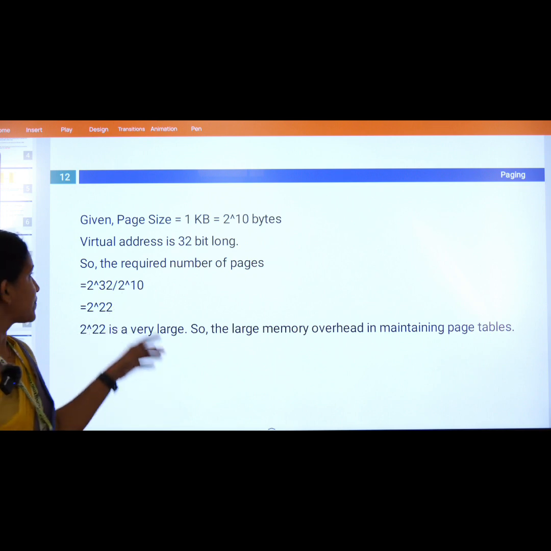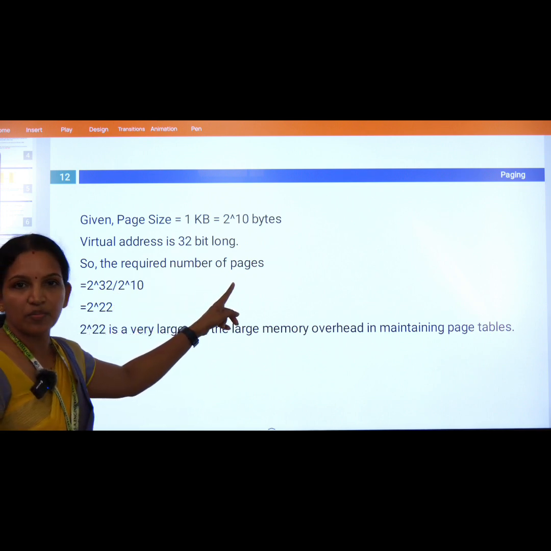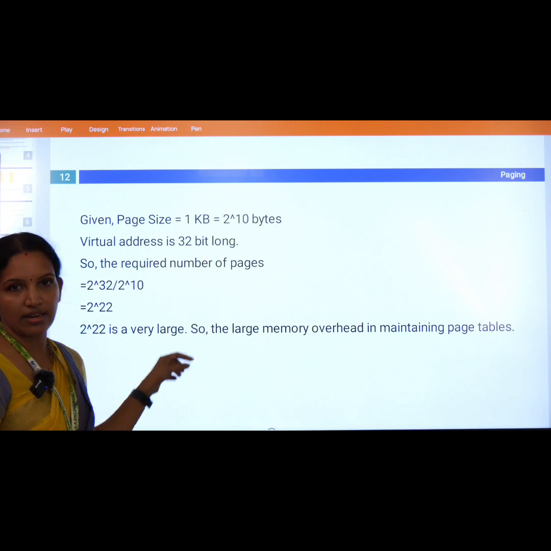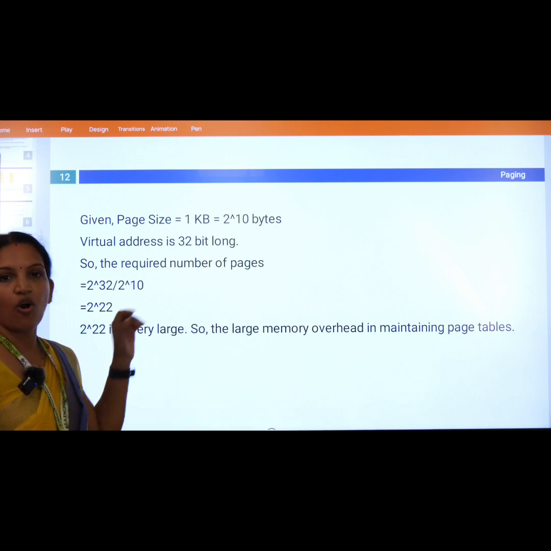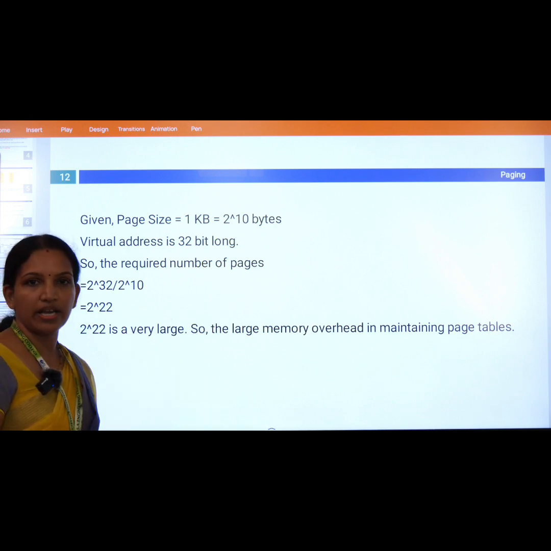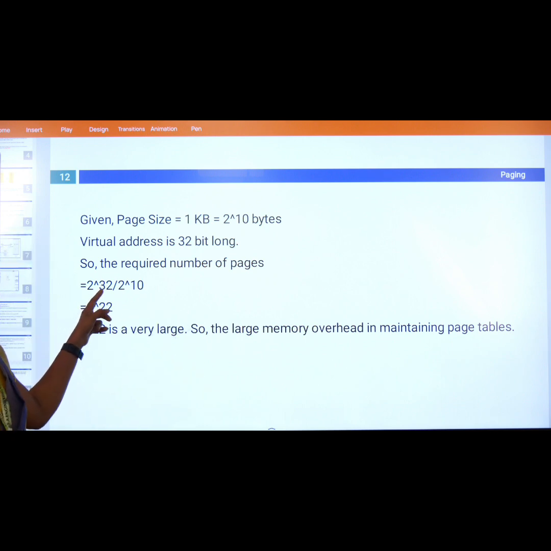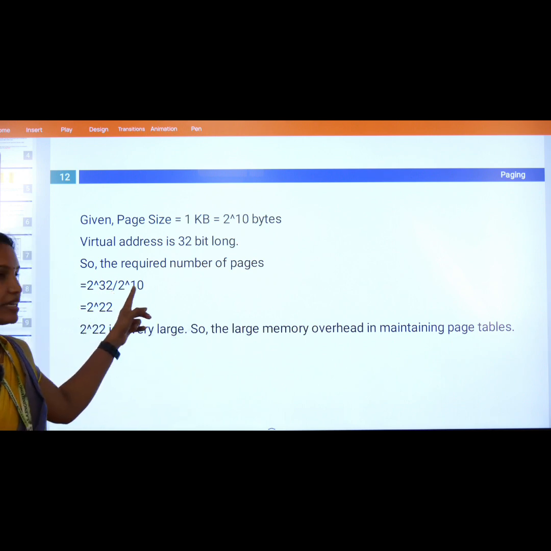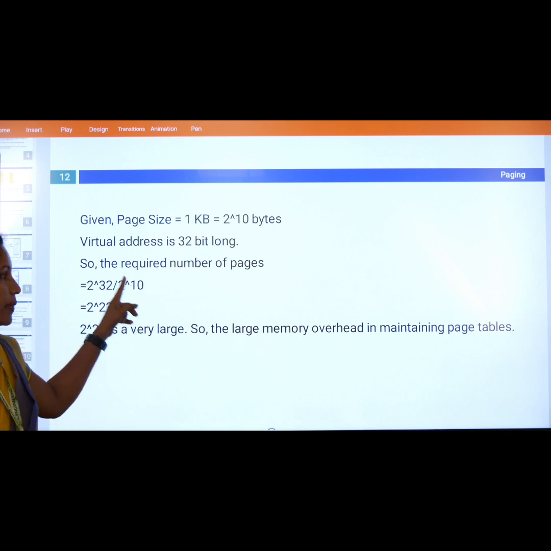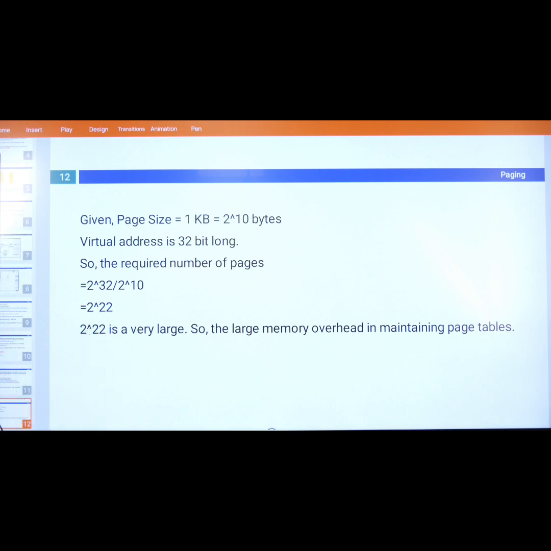Then we can calculate the number of pages as the logical address space divided by the size of the page. So that is 2 to the power 32 divided by the page size, which results in 2 to the power 22.